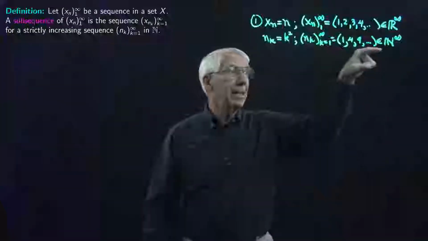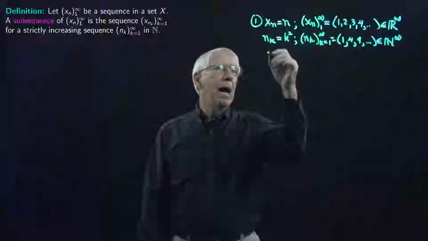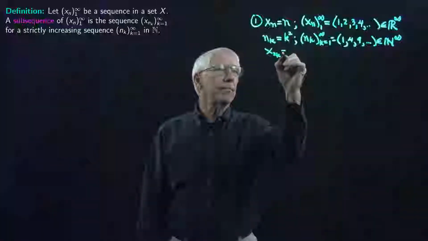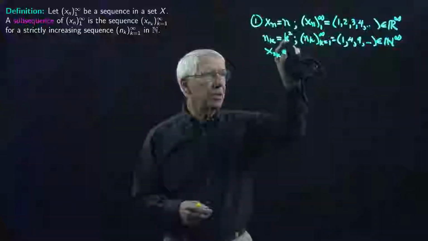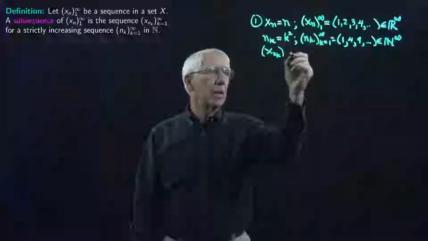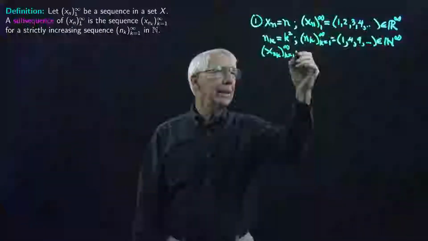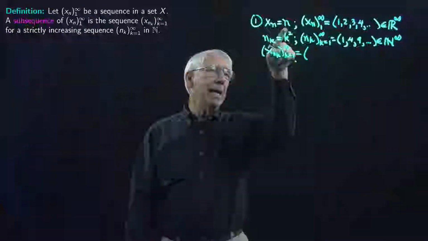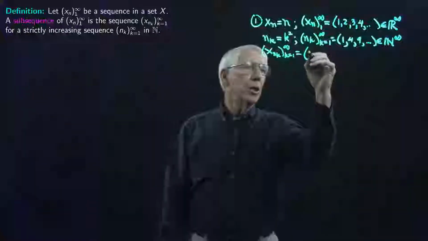It's a sequence in the natural numbers. And of course, if this is the case, then x sub n sub k, where k goes 1 to infinity, is the same sequence, because x sub n was equal to n, so x sub n sub k is equal to n sub k, which is k squared. So this one is easy.